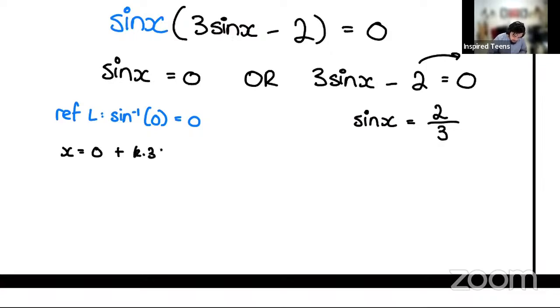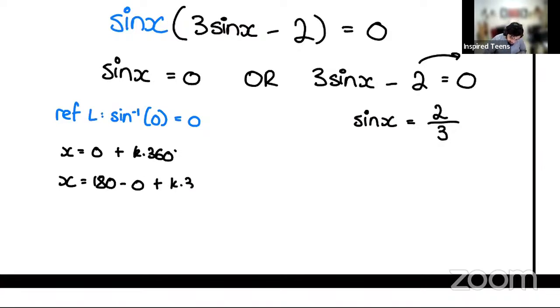That's not a general solution because we don't have an angle. However, x is equal to 180 minus 0. This is for sine, by the way. Remember, it's ref angle plus k360, or 180 minus ref angle plus k360.